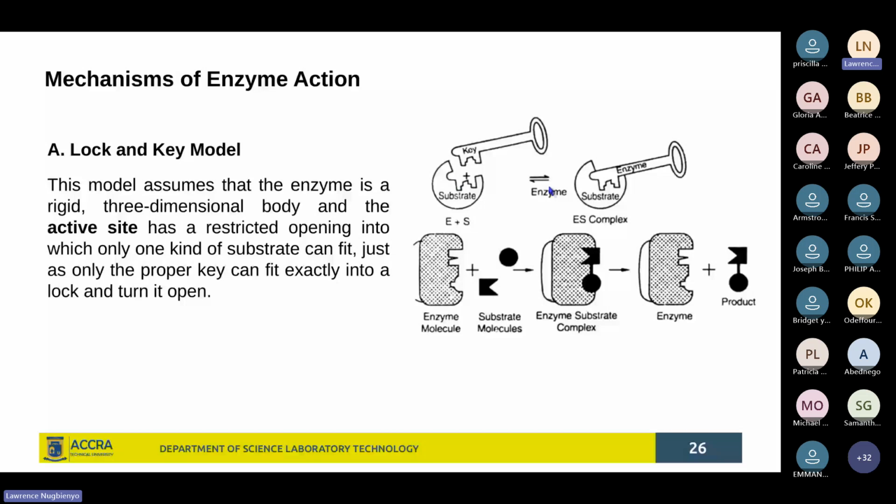But when you come down to the diagram below, this is more like not absolute specificity, but group specificity. So it can be different molecules. You see that there are some substrate molecules here.